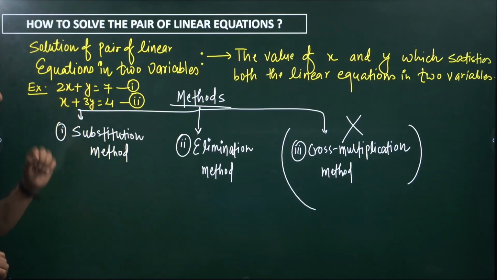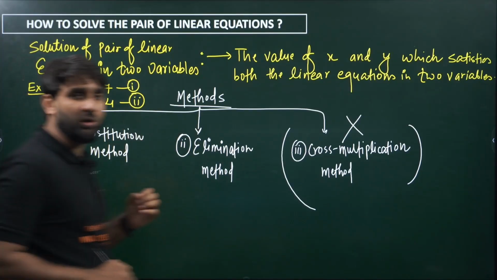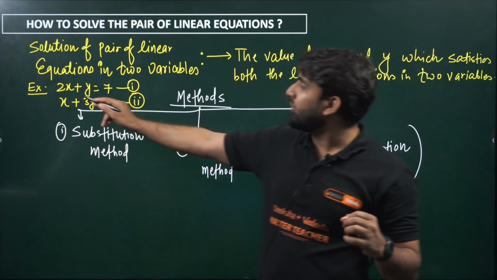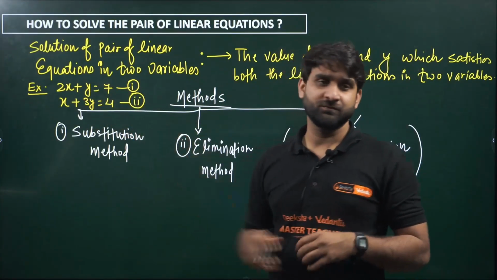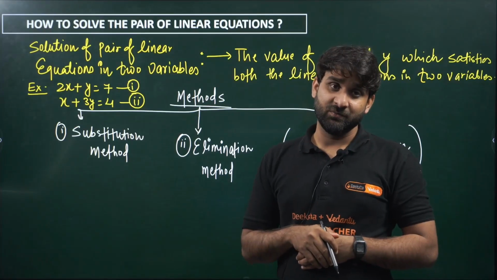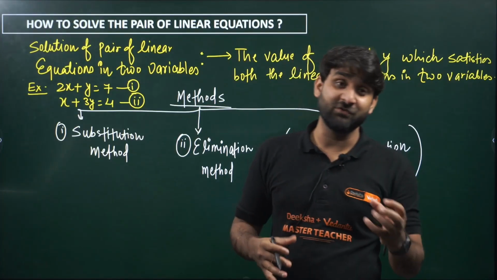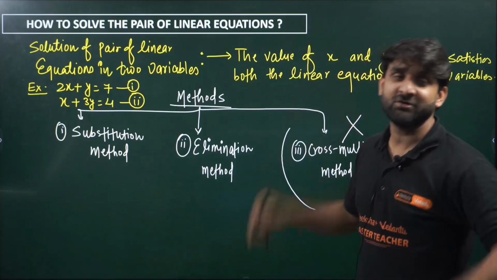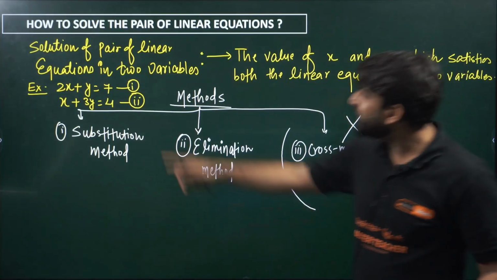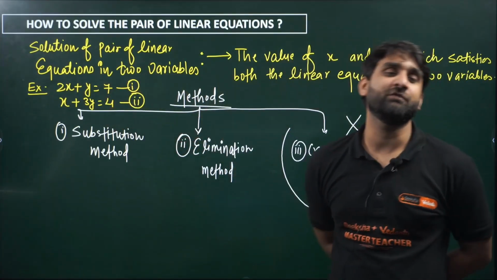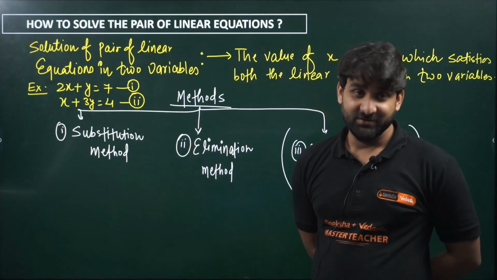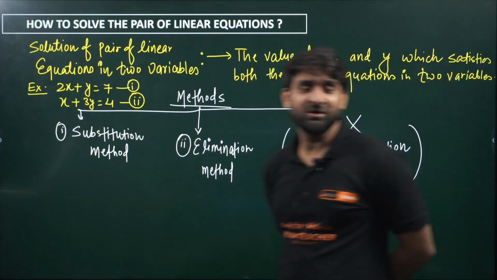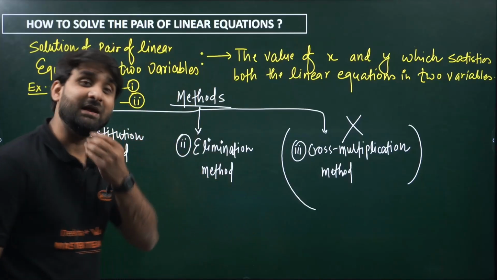Now I want to find the solution of these given linear equations, the values of x and y which satisfy both the equations. That is called the solution. We have two methods, substitution and elimination. So let's apply the substitution method first, and then we'll apply the elimination method.